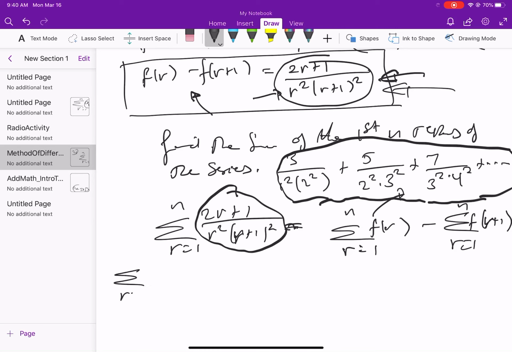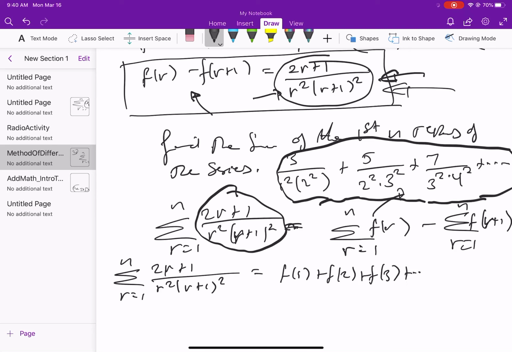And the sum from r equal 1 to n of 2r plus 1 upon r squared into r plus 1 all squared is equal to, write out the first few terms for f of r, and I'll get f of 1 plus f of 2 plus f of 3 plus ellipses, and the last one will be f of n, minus, in the second summation, f of 2 plus f of 3, the second to last one will be f of n, and the last one will be f of n plus 1.